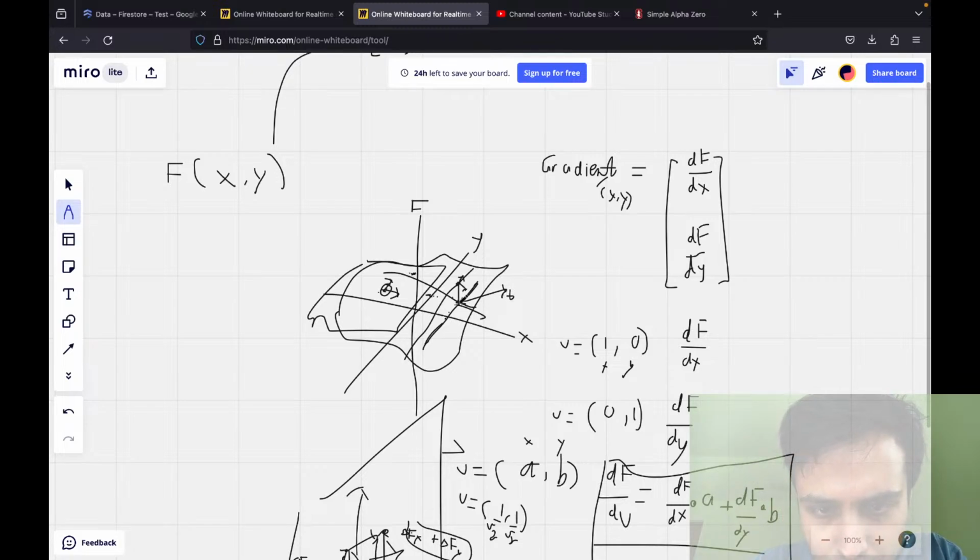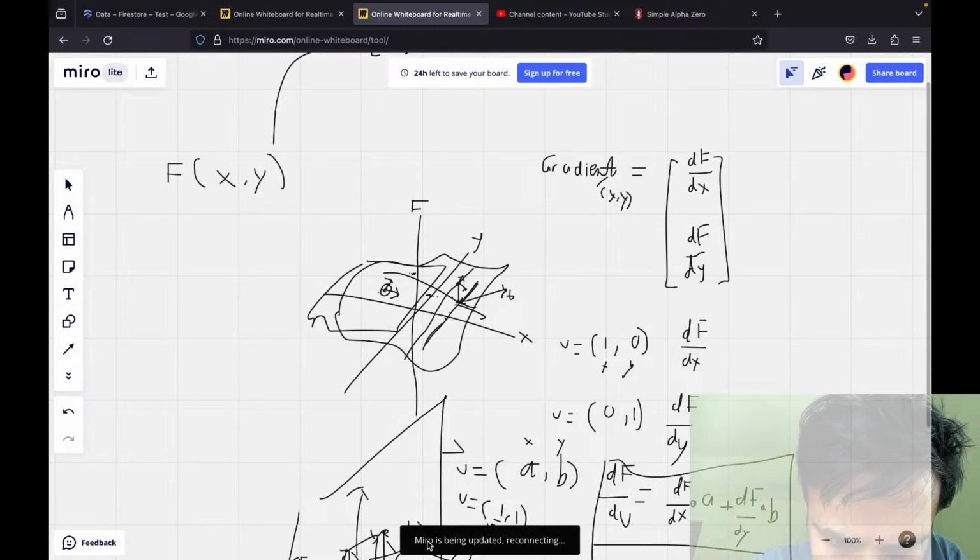If this is our initial point, then given some t, how much change in f do we get? Well, f is a function of x and y, but if you move t here, x and y are updated.